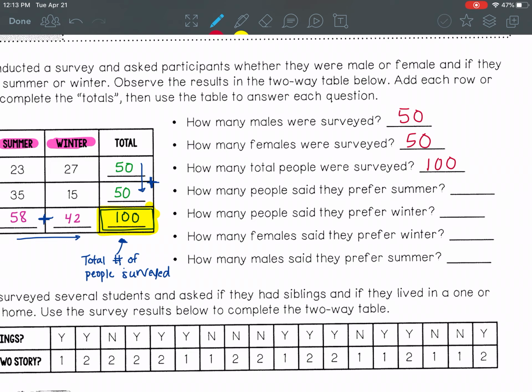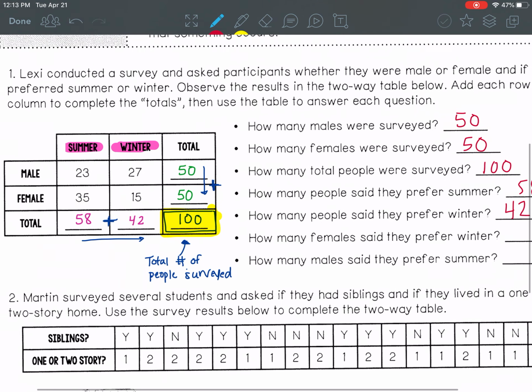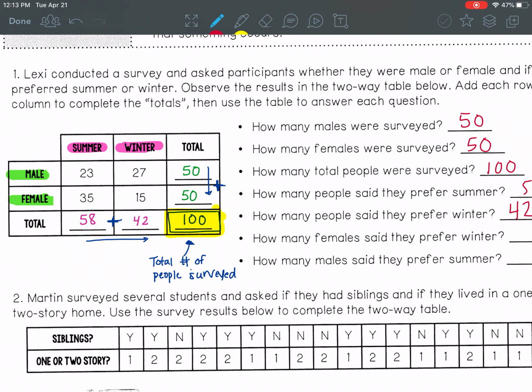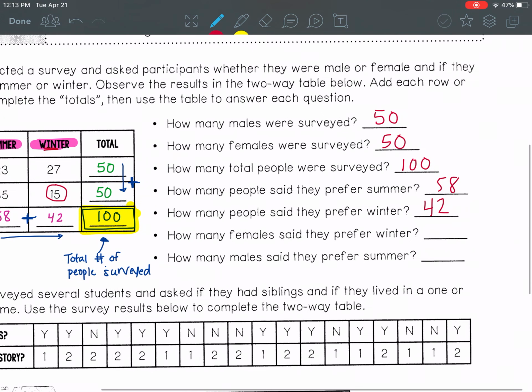We added those up. We got 58. How many people prefer winter? Was 42. How many females said they prefer winter? So now we've got to look inside that two-way table. So females here and winter here, so we're going to go to that box, and there would be 15 females that preferred winter.